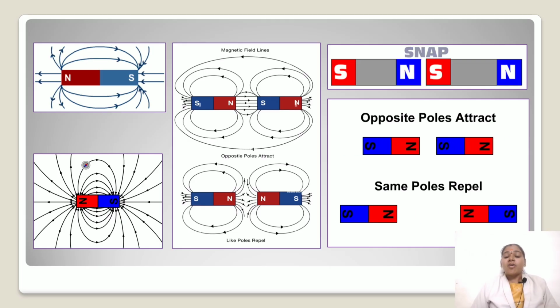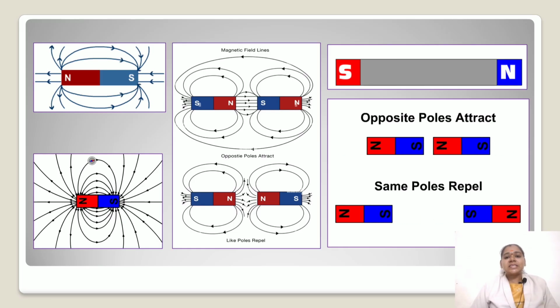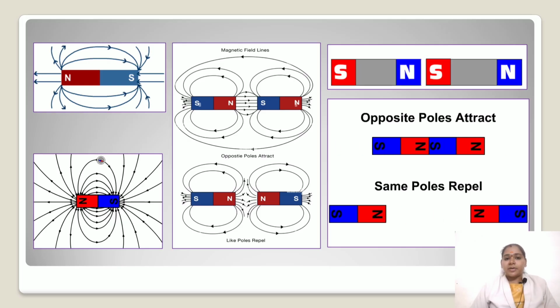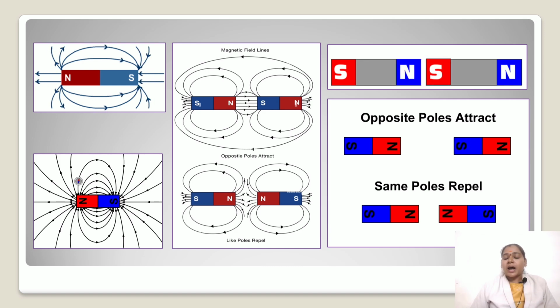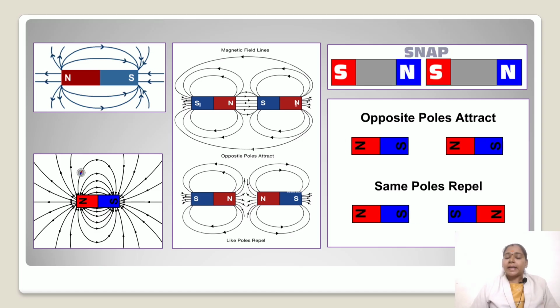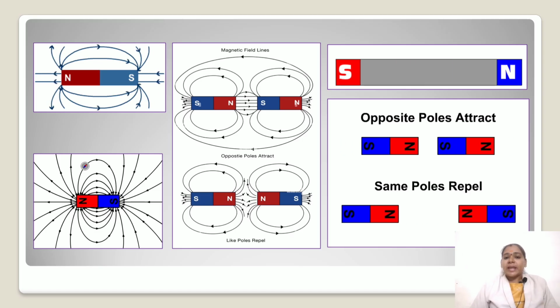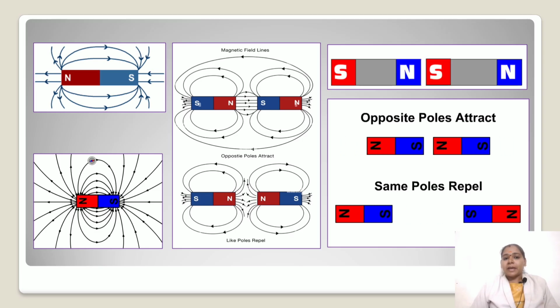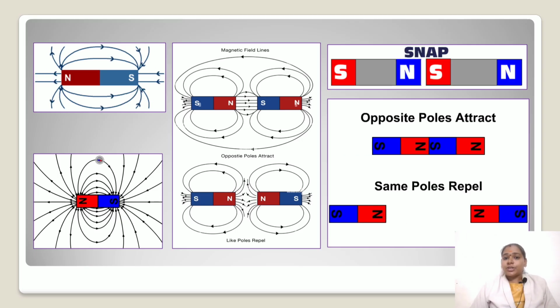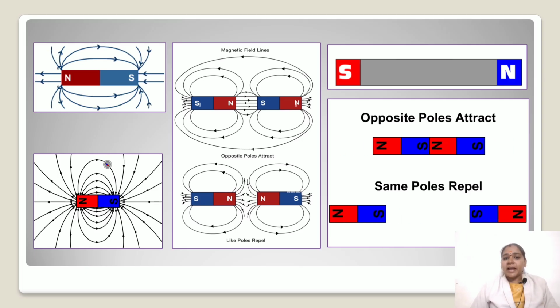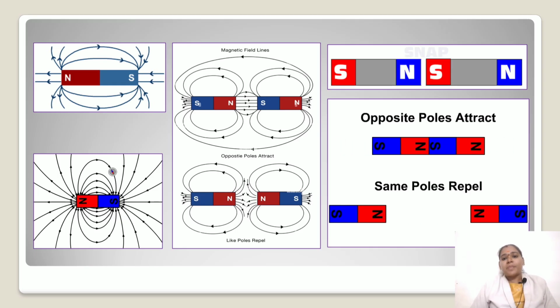Okay, this slide gives us a comprehensive view of how magnetic poles behave, how the magnetic field lines are formed, and how magnets interact with each other. First consider the top left. Here we see a bar magnet with clear magnetic field lines emerging from the north pole and curving around to enter the south pole. Next consider the center right. This is a great illustration of how magnetic field lines behave between two magnets.